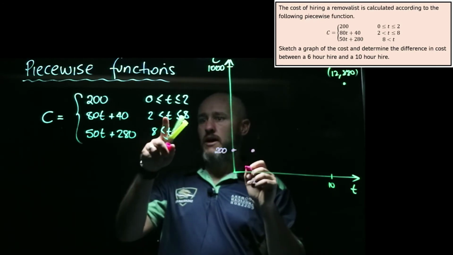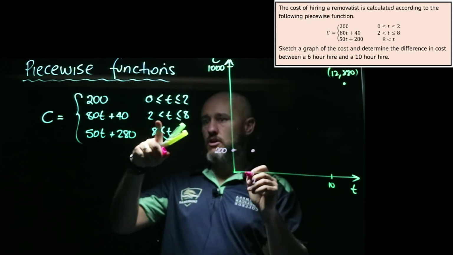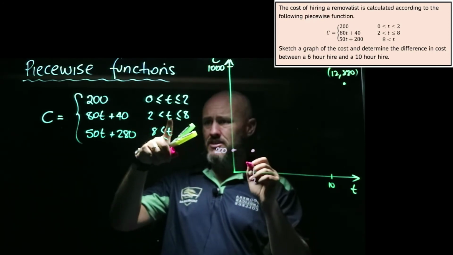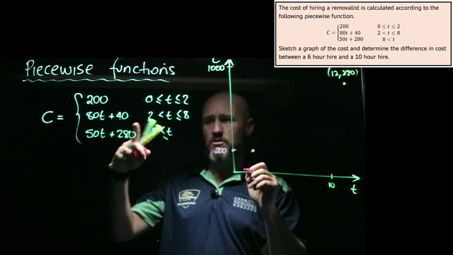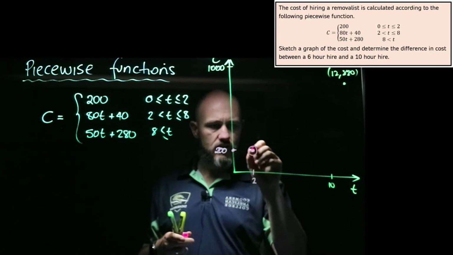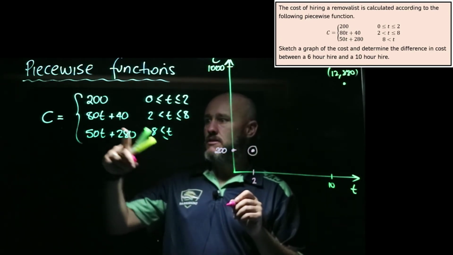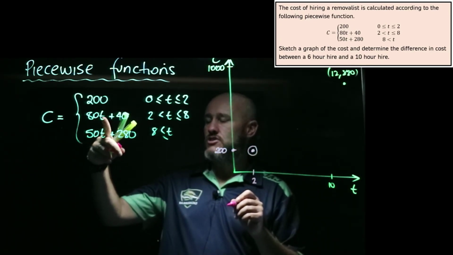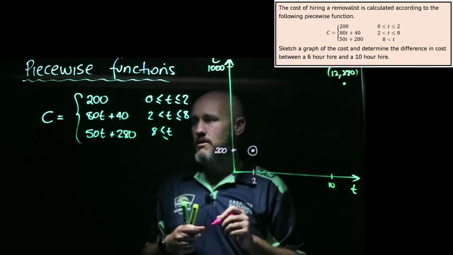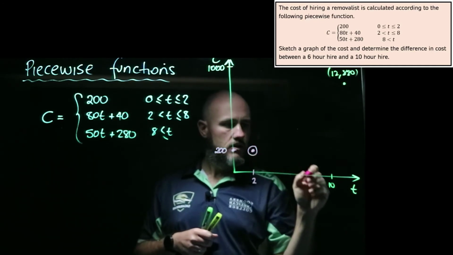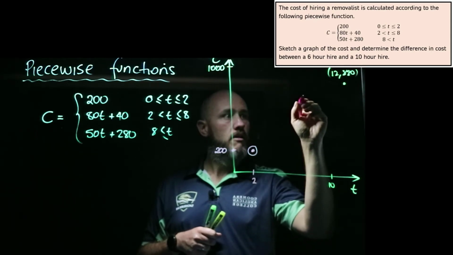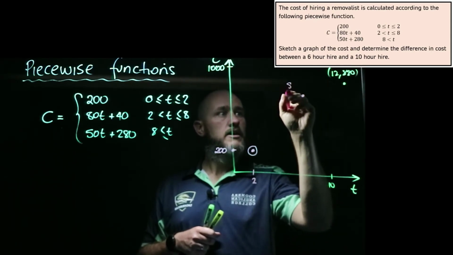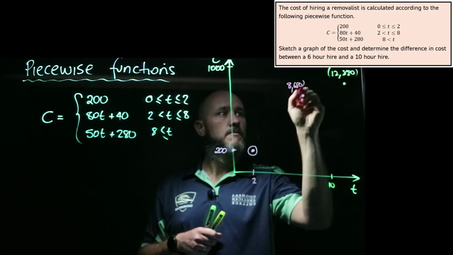Now we've got above 2 up to 8. So I'll just check there's no jump here. t equals 2. 80 times 2 is 160, plus 40 is 200. So there's no jump, but it does have that circle around it. And at 8, 80 times 8 is 640, plus 40 is 680. And so at 8, which is here, I go up to about 680, which is about there. 8, 680.